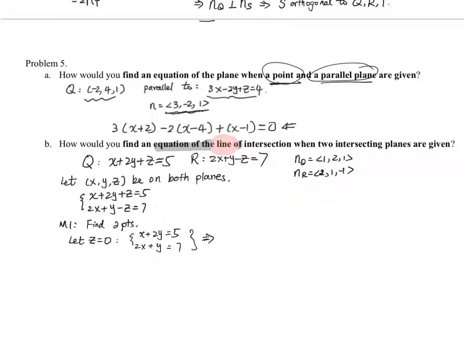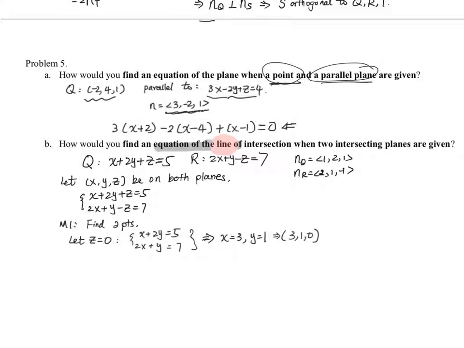I'm going to use equation number 2 minus twice the equation number 1. If you solve for x and y, I'll leave that for your exercise. And here's one solution: x equals 3, y equals 1. In other words, 3, 1, 0 is one of the points.